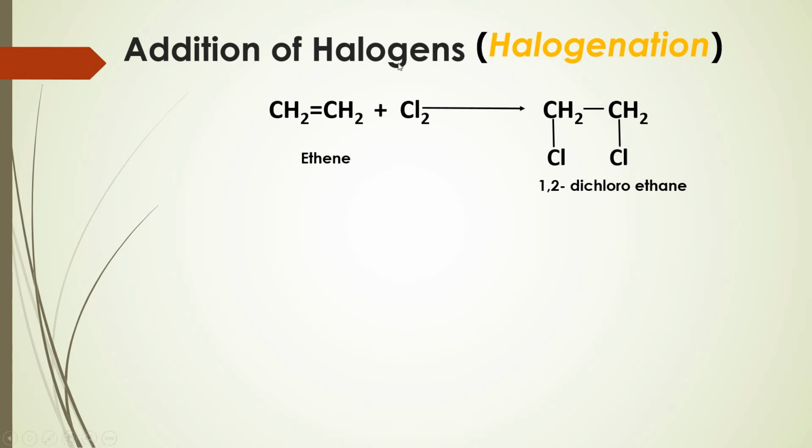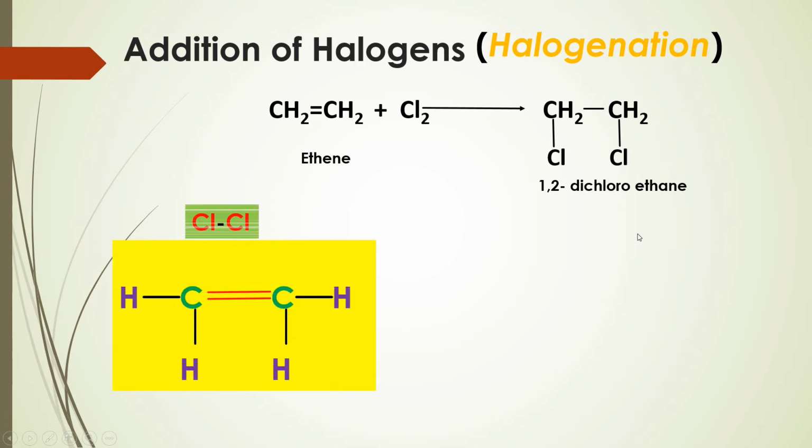First, the double bond gets broken and we can form two single bonds, one on each carbon atom, which join with chlorine atoms. And the IUPAC name of this compound will be 1,2. If we take this as one carbon and this as two carbon, so it will be 1,2. How many chlorine atoms are there? 2, so dichloroethane.